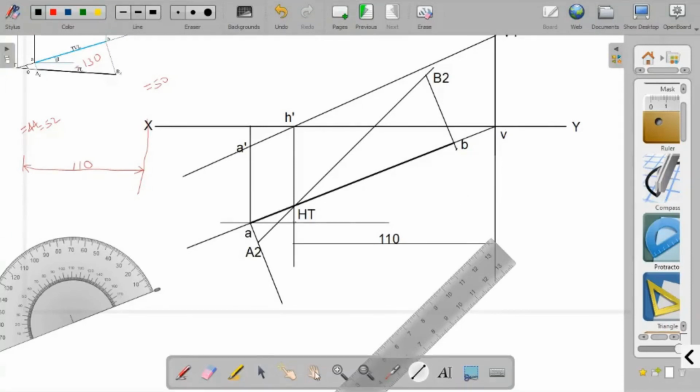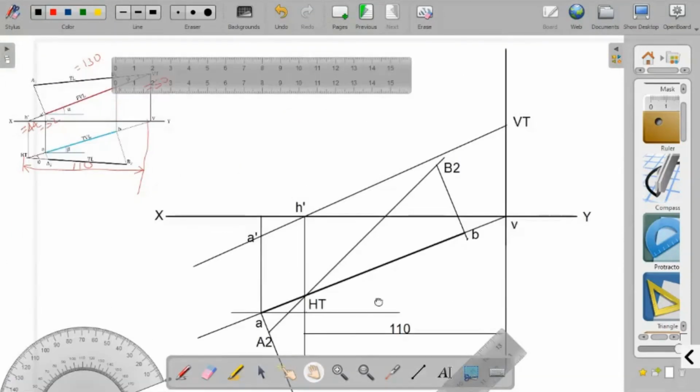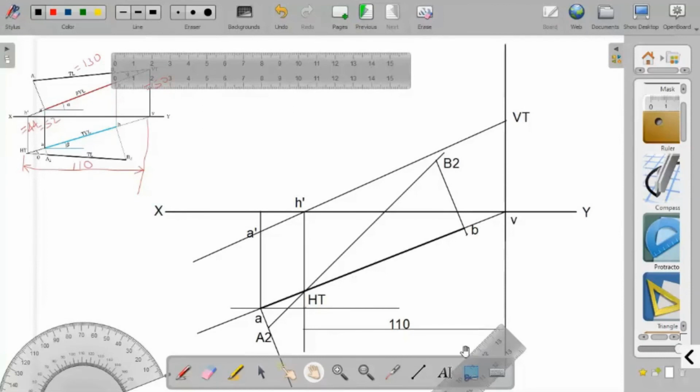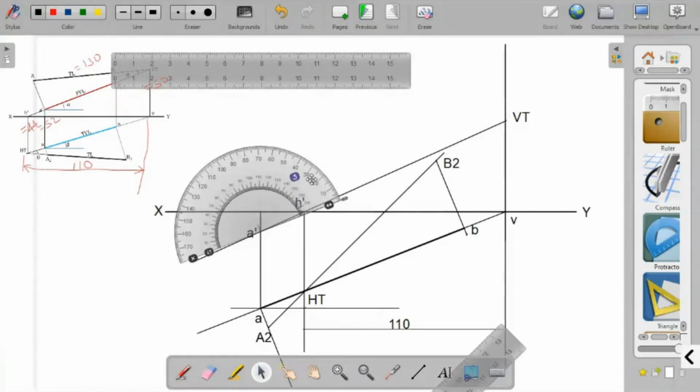Now what we have to do is draw a perpendicular from A, sorry, not A dash. Or better, before that, you find out the point B dash also.